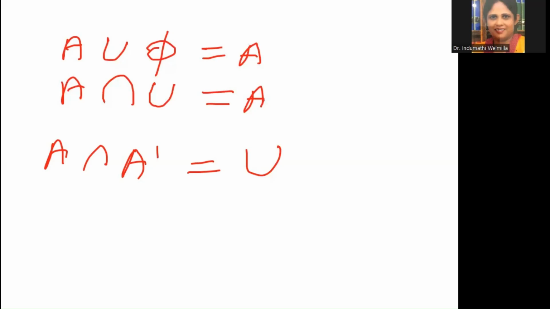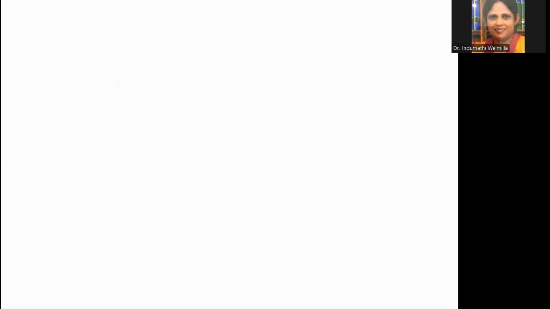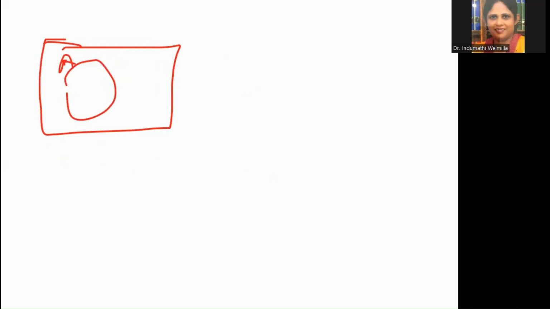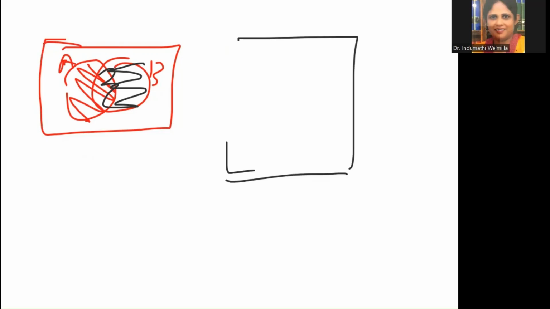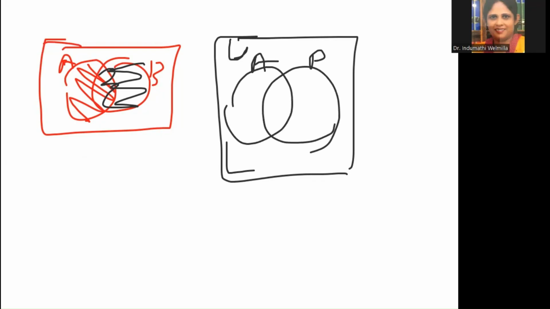One thing I want to say: if we have two sets A and B, you can say this is the set A, and likewise the other part is the set B. This is the universal set, and A, B. What is the complement of A?